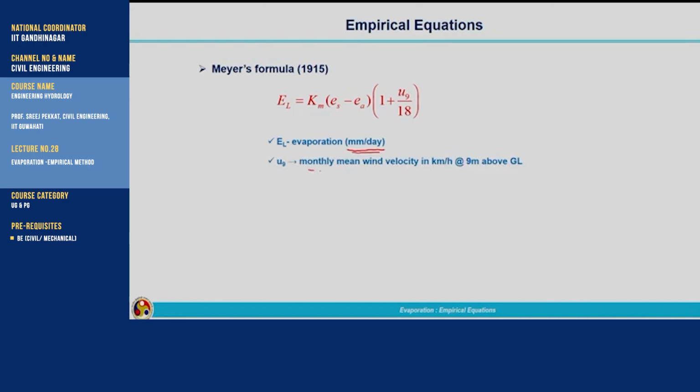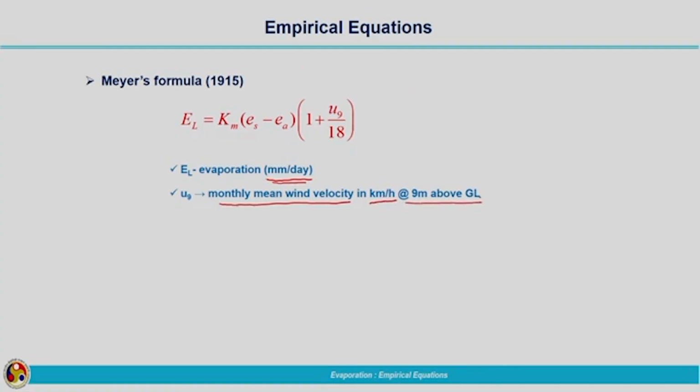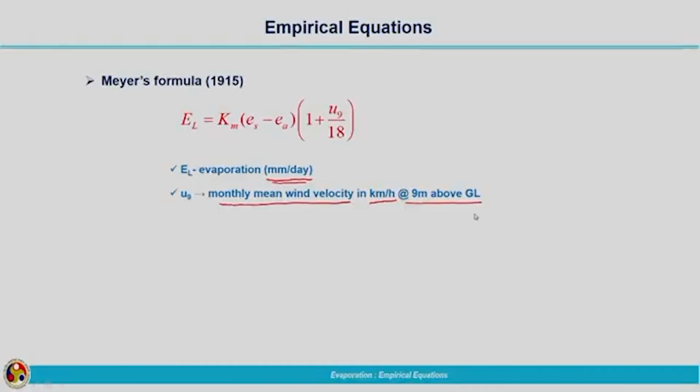U9 is the monthly mean wind velocity in kilometers per hour at an elevation of 9 meters above the ground level. The wind velocity is taken at an elevation of 9 meters above the water surface or the ground level. In some textbooks you can see U8, which means the wind velocity is considered at a height of around 8 meters above the ground level or the water surface. Km is the coefficient accounting for other factors.